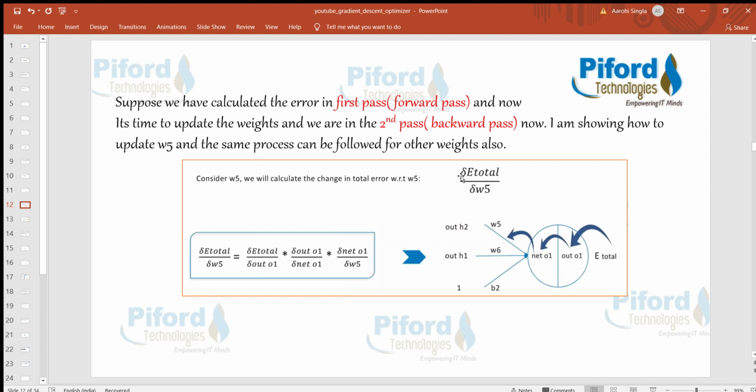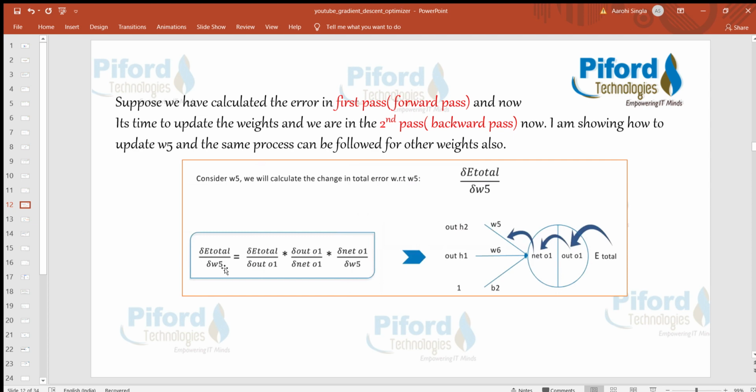This is the derivative of error, and this is the derivative of W5. Over here you can see this error is not directly dependent on W5, but it is indirectly dependent on W5. So can we write it like this?